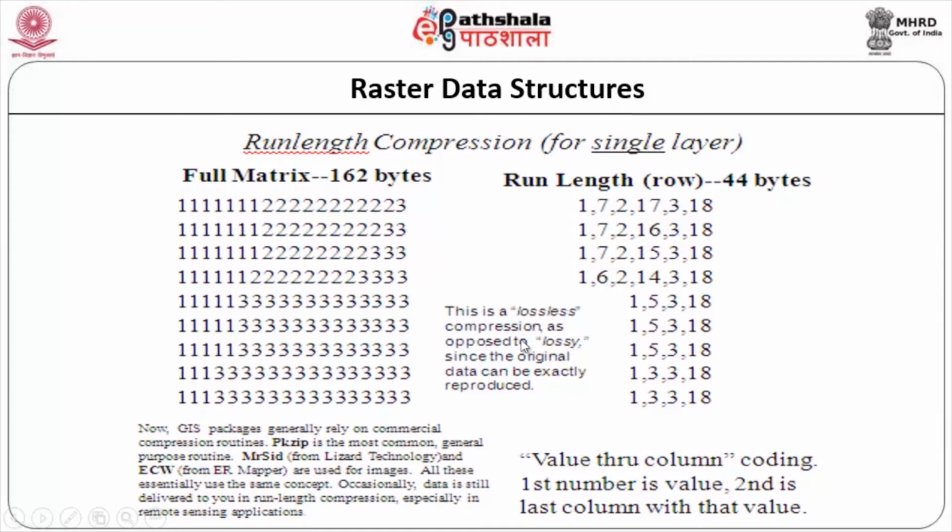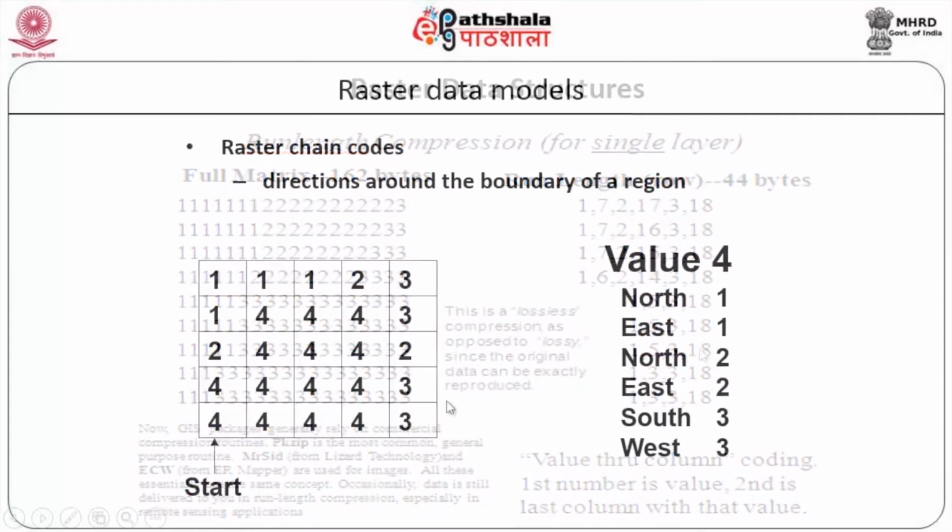And obviously, you should remember this is a lossless compression, and normally most of the other methods will be lossy compression. So, it is opposed to lossy, since the original data can be exactly reproduced in this case.